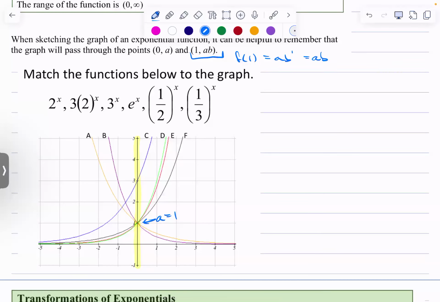And in this little minor scenario, this graph for C, I have a equals 3, making it kind of easy to pick out. And so let's chip away at the ones that are obvious first. If a is 3, then this must be the graph for C, or the function for C. All the other ones were not that helpful.